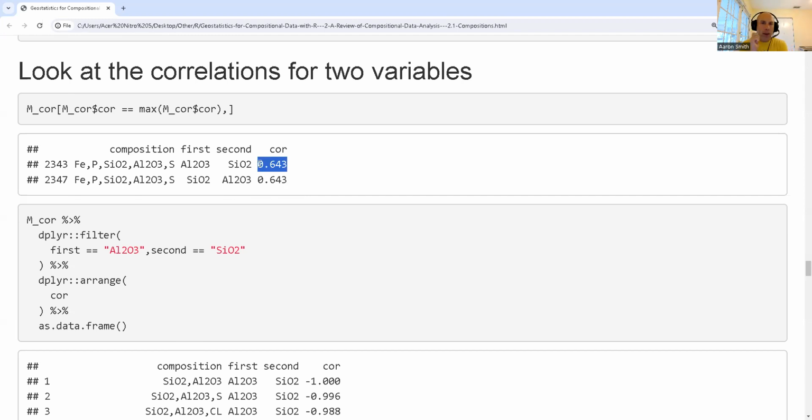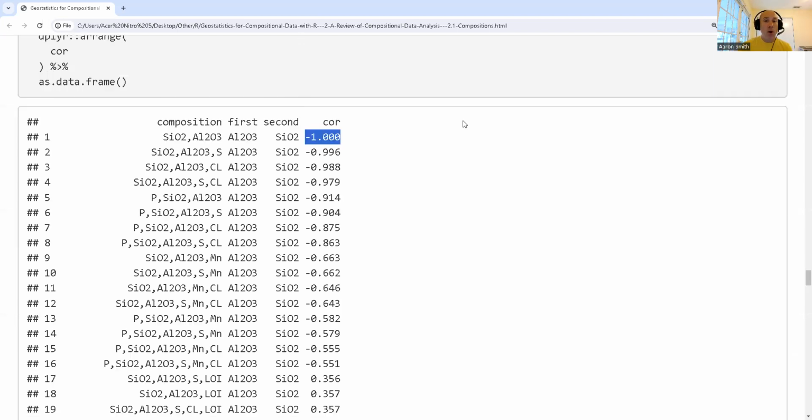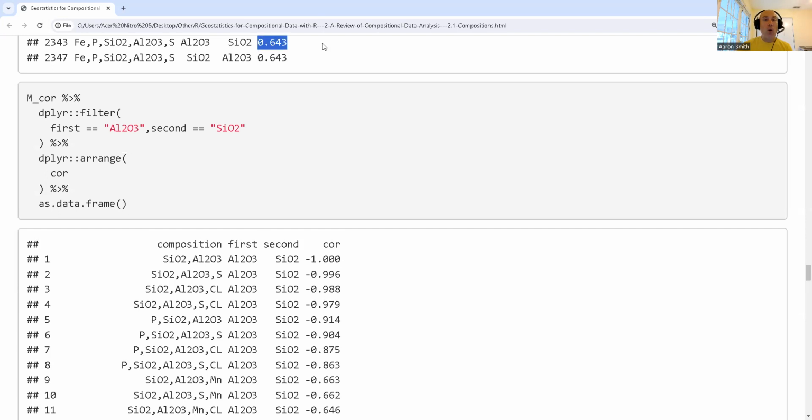Now, how does that correlation change if I change the composition? Good question. Let's go ahead and see what happens. What if I only considered the composition of those two and didn't consider any other columns of data? You can see that, boom, I have -1 correlation. Holy cow, perfect negative correlation. A moment ago, I was looking at a correlation of 0.64.